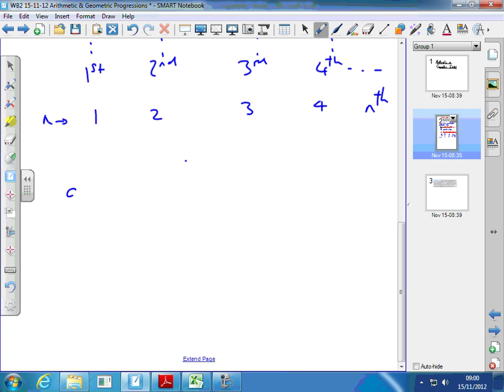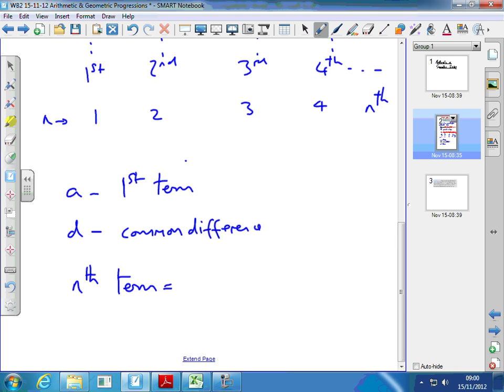So if A is the first term, if D is the common difference, as it's called, then the nth term equals A plus n minus 1D.